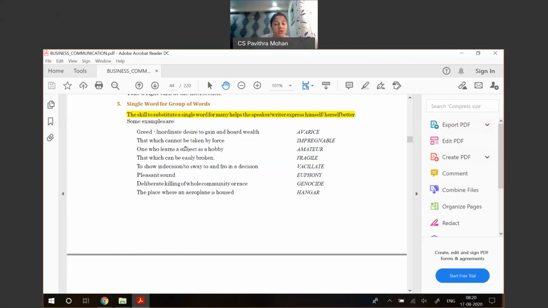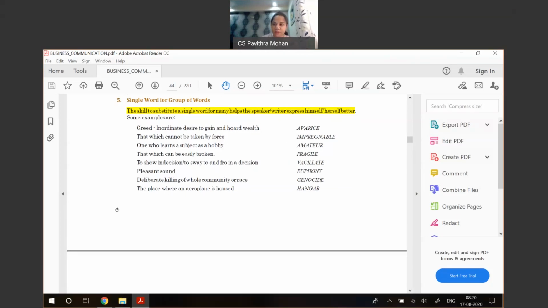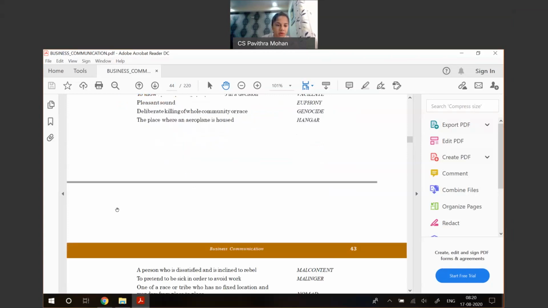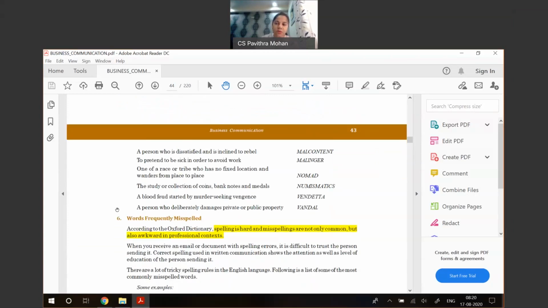So they will give this explanation and ask what the single word is. Or they can give you the word and ask for its meaning. It can be vice versa. The words given in this chapter should be more than enough.